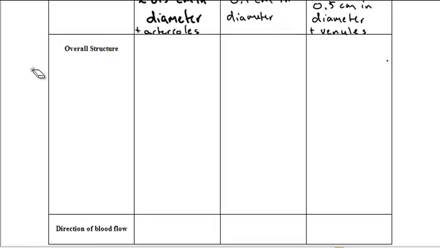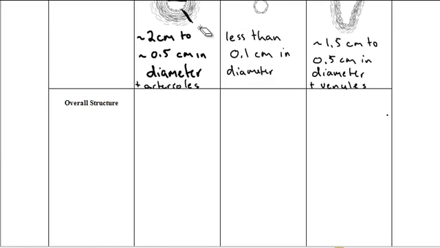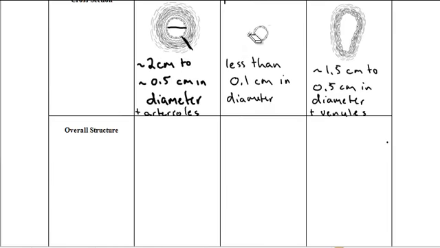If we look at the overall structure, it relates to the function of the different vessels. Looking up here, we see that an artery has a very thick wall around it.